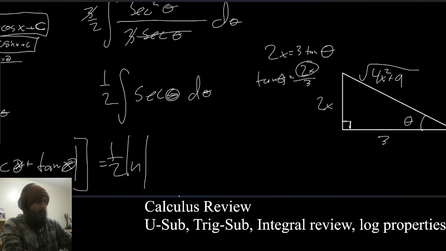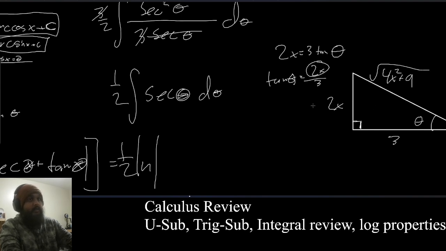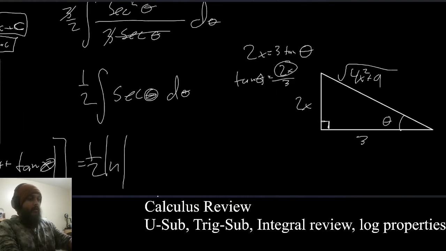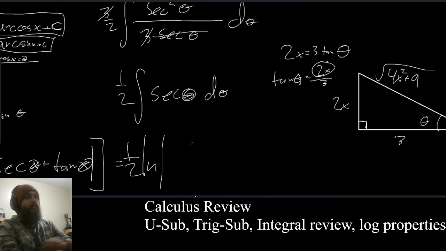Secant is the opposite of cosine, so it's hypotenuse over adjacent. So in other words, it's this over this.